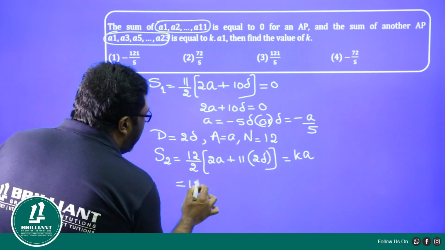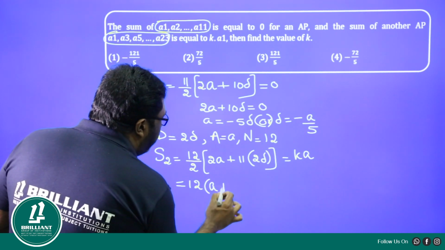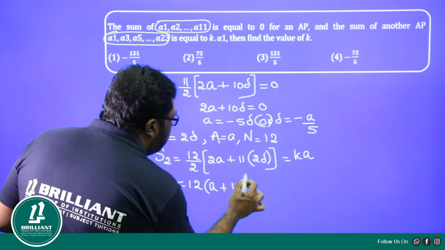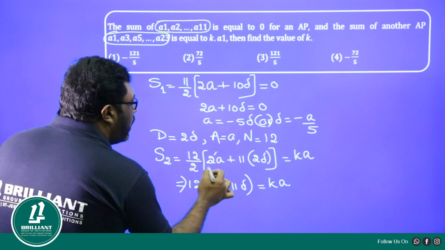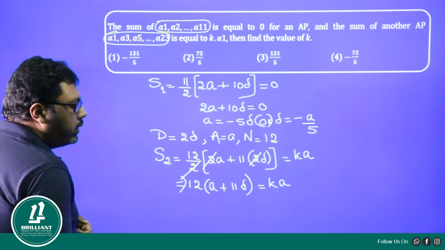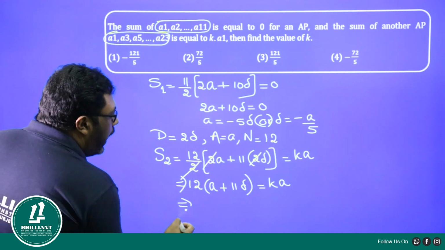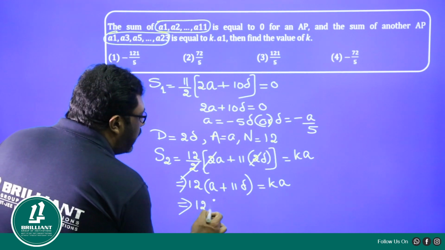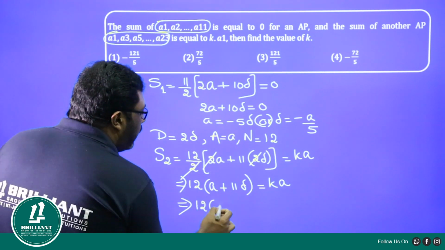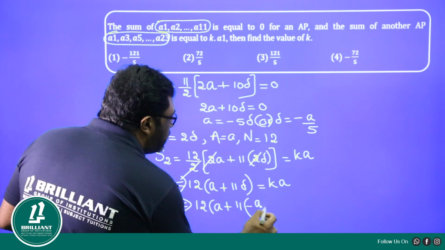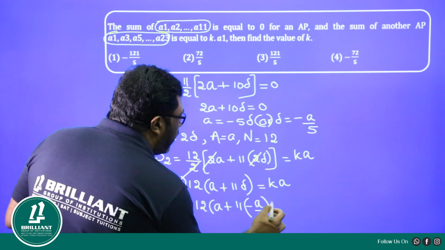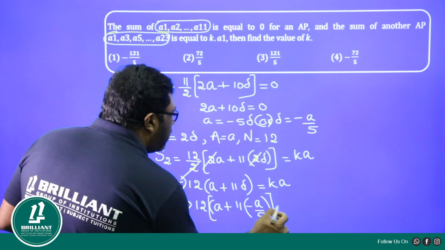So this becomes 12 into (a plus 11d) equals ka. I just took out the 2 inside so we can do a simple calculation. And now 12 into a is a itself, and d is minus a divided by 5, equals ka.